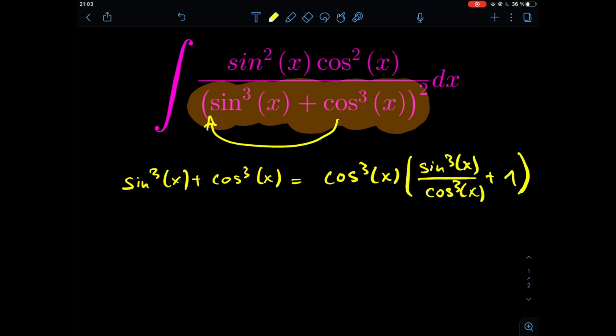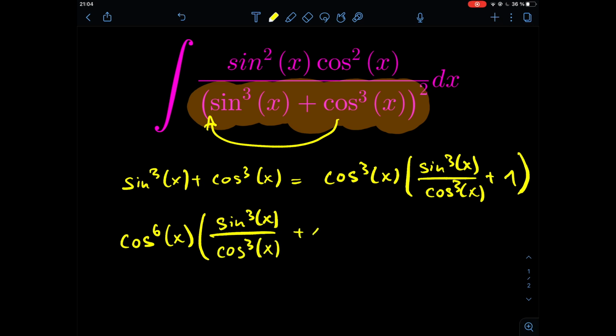So we could write the whole term under the fraction. In the denominator we could write it as cosine to the power of 6 times the quantity tangent cubed of x plus 1, and the whole thing squared.